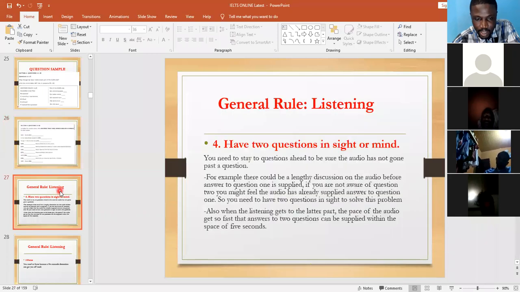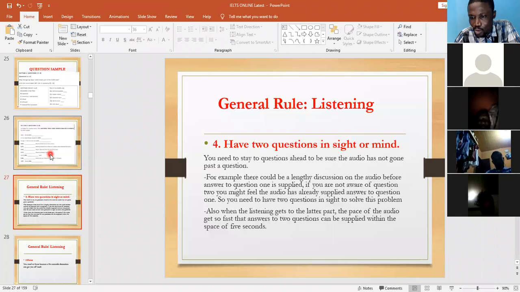Why do you need it? Because sometimes when there is a lengthy discussion in an audio, you might wonder whether the audio has skipped or gotten past a question. That's number 1. And number 2, when you get to the 20s or 30s, there is a possibility that the answer to a particular question can be given within the space of 5 seconds.